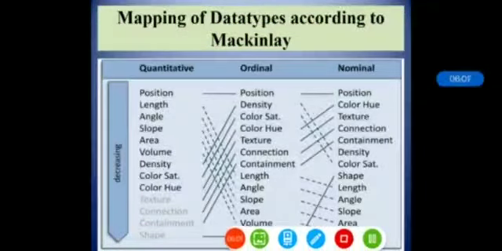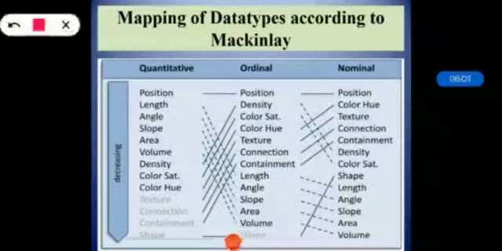One more important thing is the mapping of data types according to Mackinlay. Mackinlay prepared a chart showing the quality of mapping of the data types. We can see quantitative, ordinal, nominal, all given. They are not relevant to all types of data, but they add color more strongly, which was not there before.